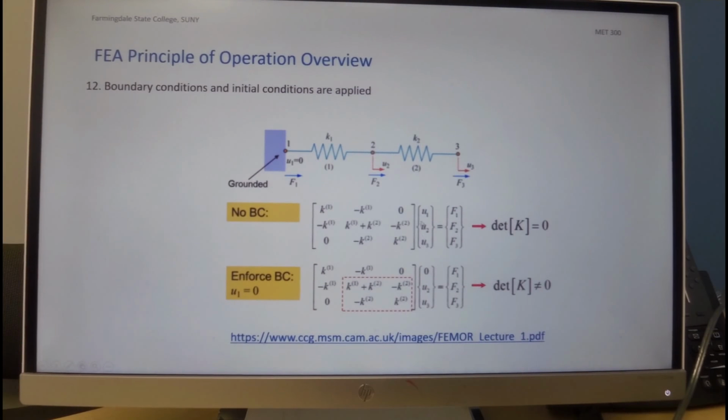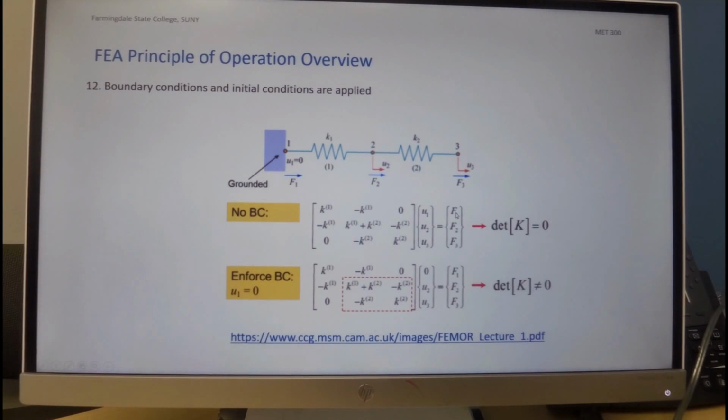For example, the displacement at node 1 is set to 0, therefore we put this element to 0. It eliminates these two row and column, and then we end up with solving these two equations on two unknowns right here.